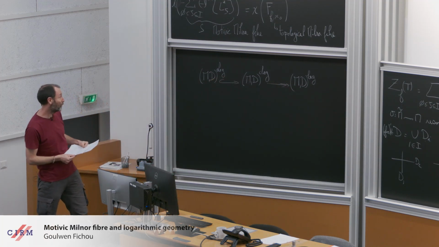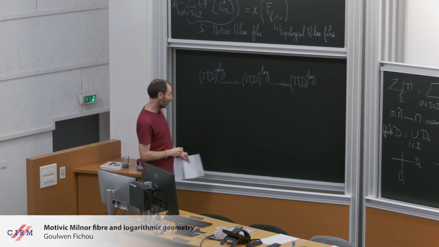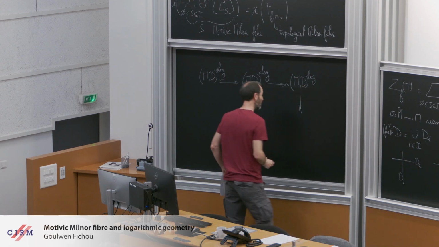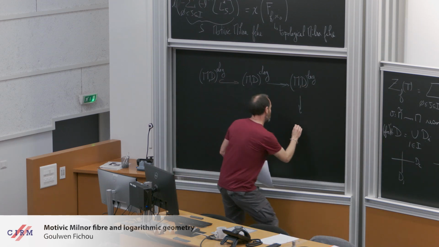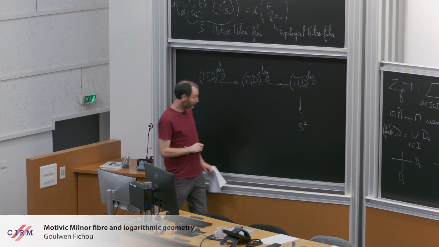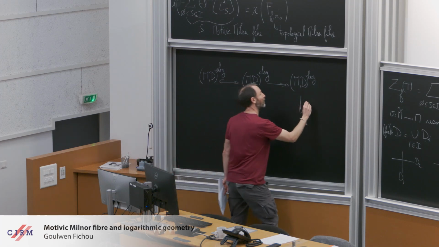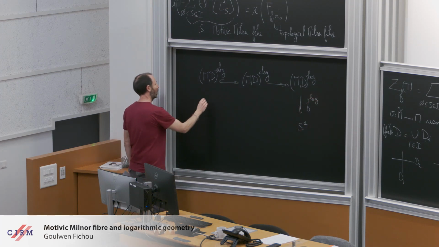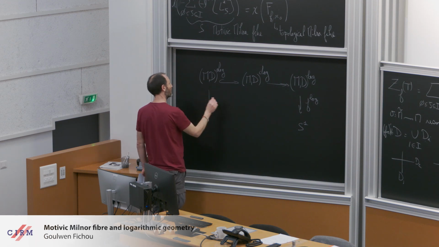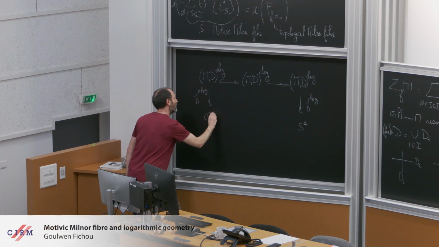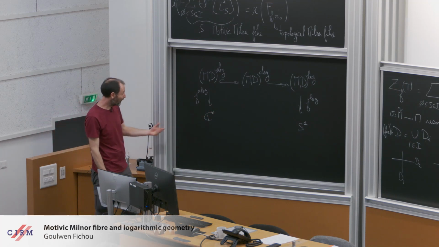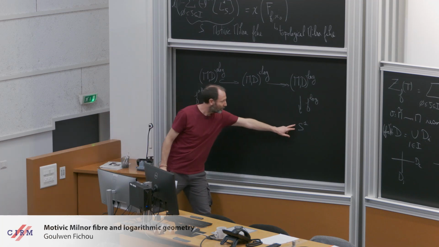And these spaces will come with morphisms. So here we will go to S1. So this will be a log version of the function f. Here we will go to C star, that you can see as some algebraic version of S1.